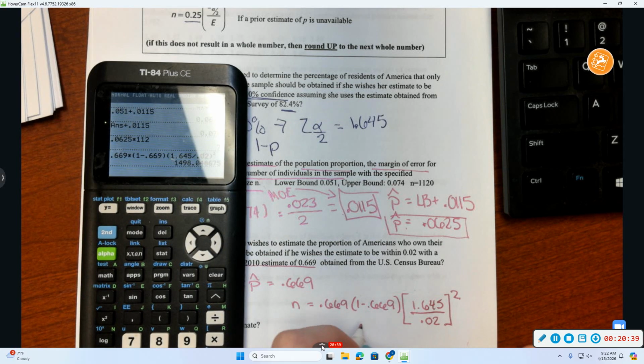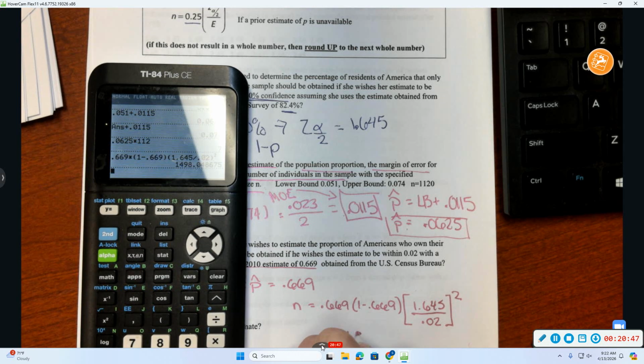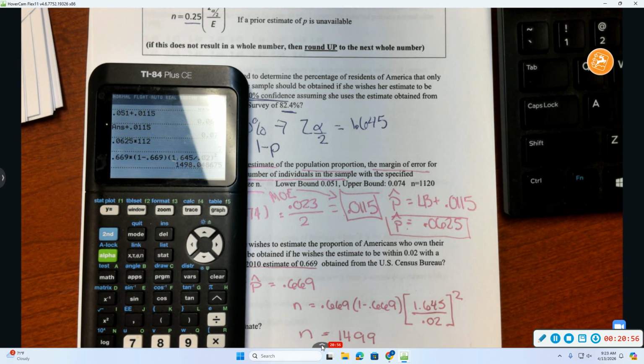That would give you a sample size of, I would say, 1498 is prettier, but 1499 or 1498. In that case, that decimal's so small, I'd accept either.